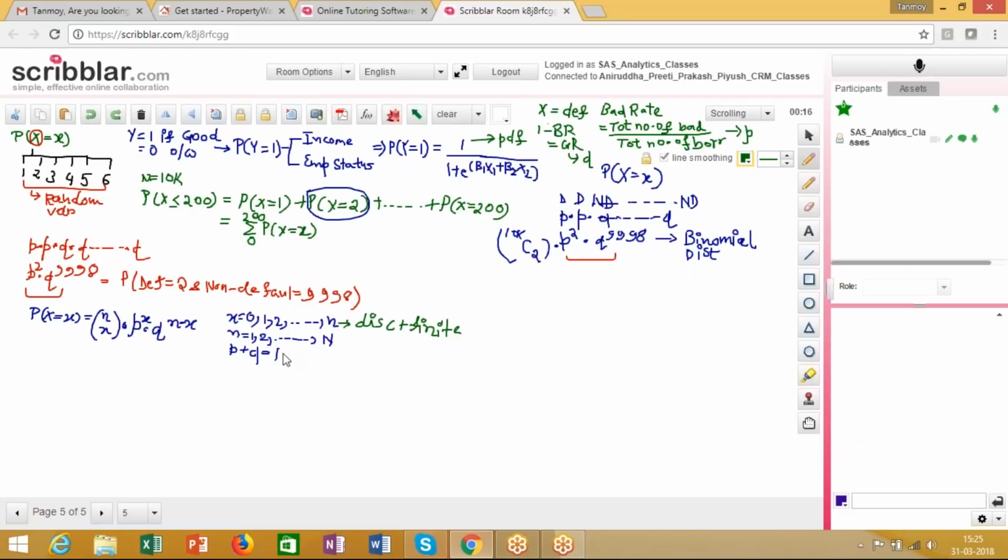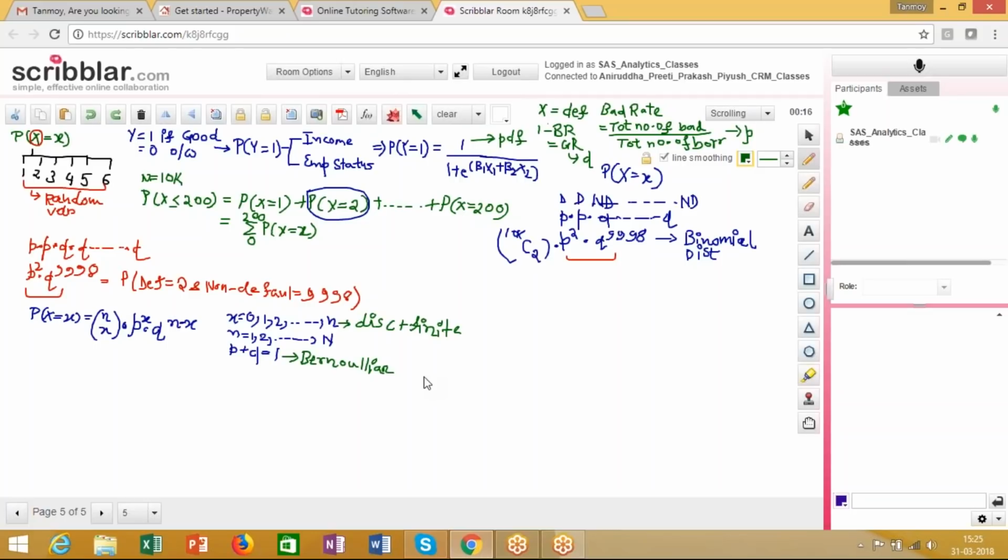And this ensures that the trials are Bernoulli in nature. So a Bernoullian trial is a trial where you have some n number of trials, and with each of the trials, you get to see that... So the last condition ensures that the trials are Bernoullian in nature, right?